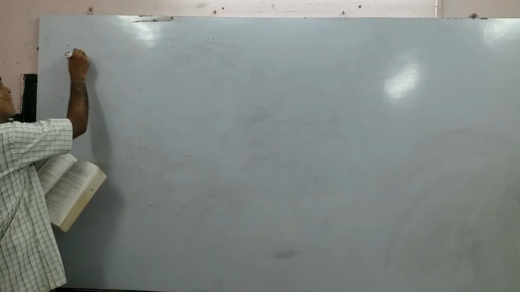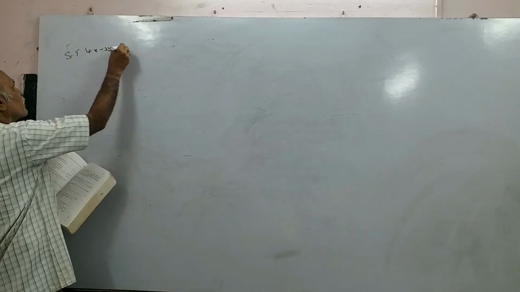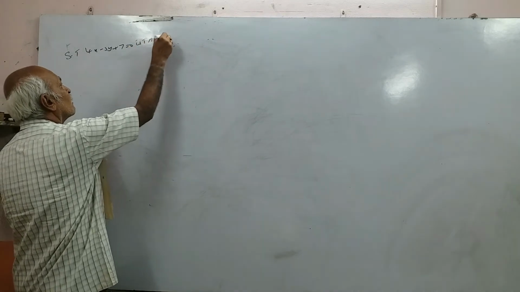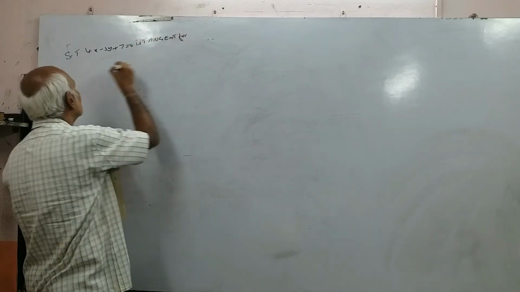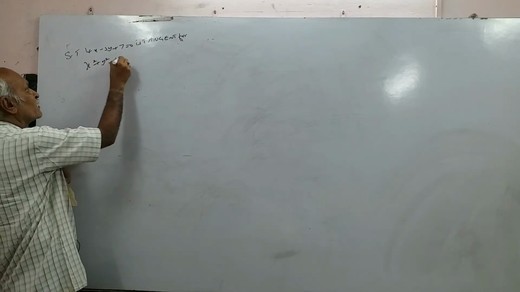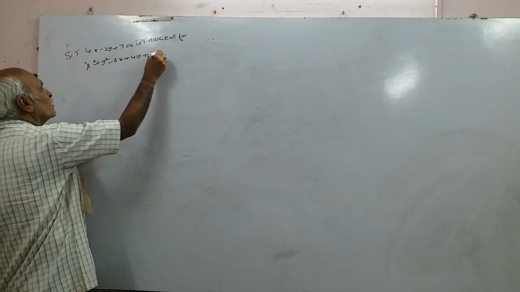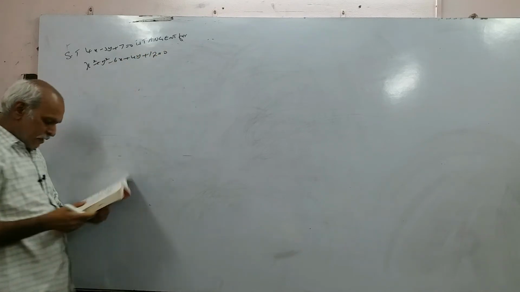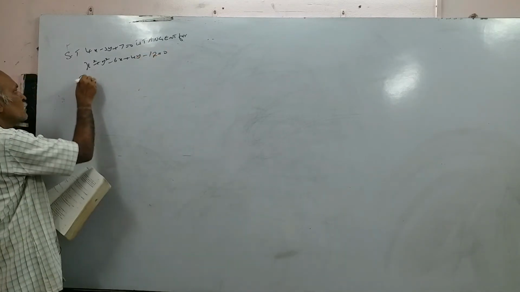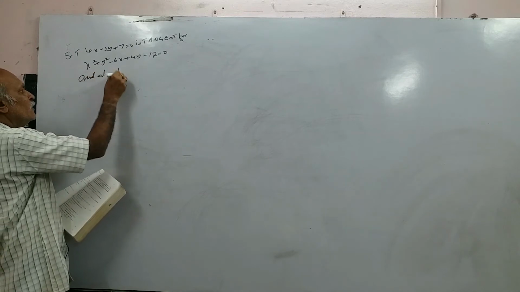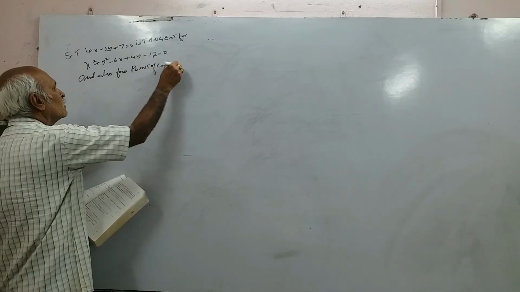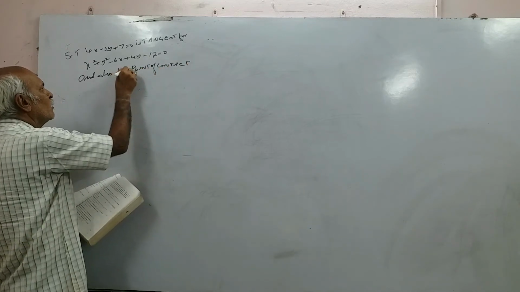Show that 4x minus 3y plus 7 is equal to 0 is a tangent for x square plus y square minus 6x plus 4y plus 12 is equal to 0, and also find point of contact.